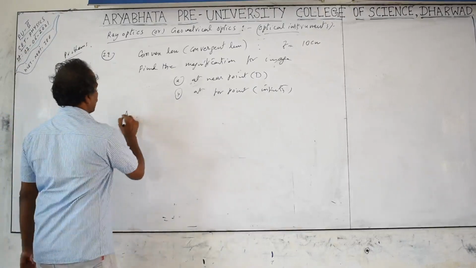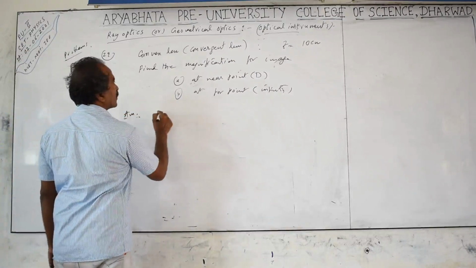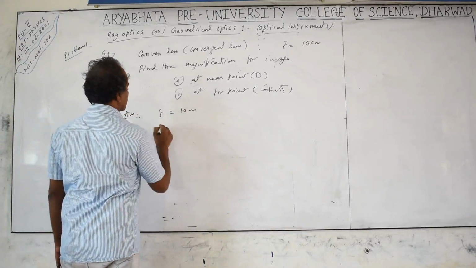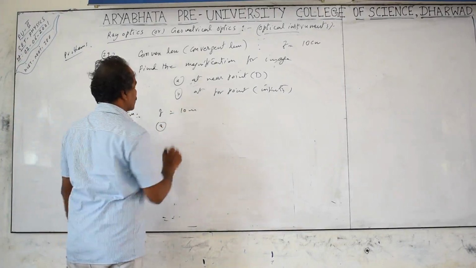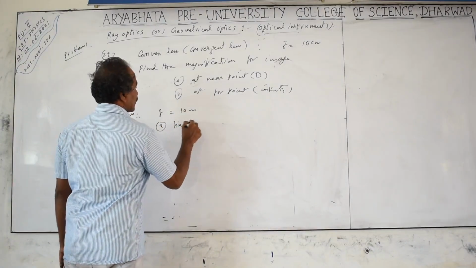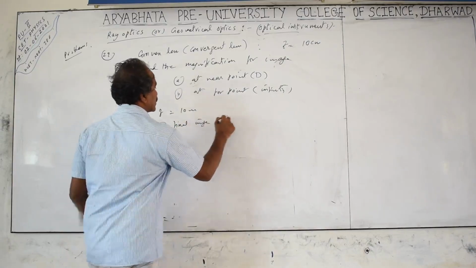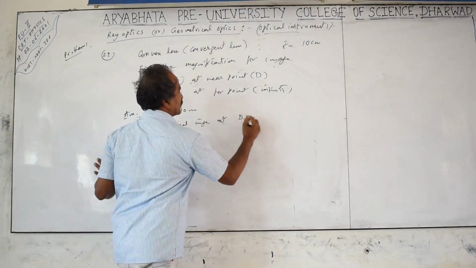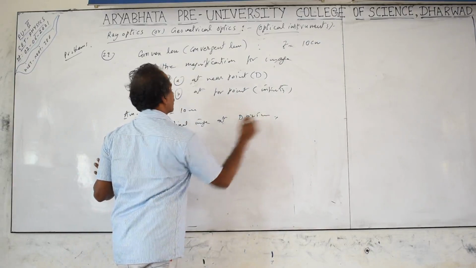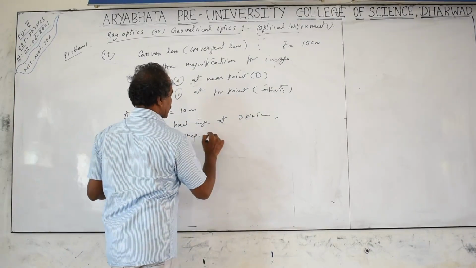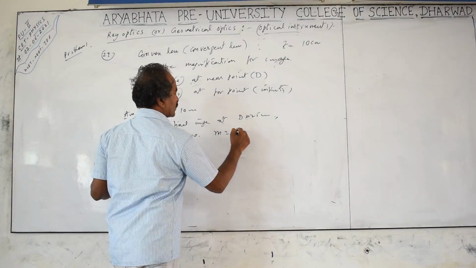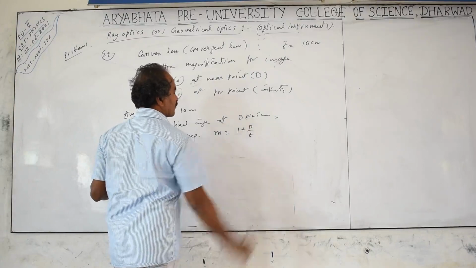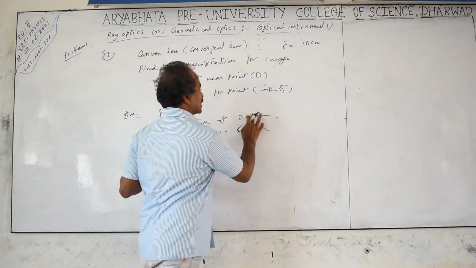Answer: f is equal to 10 centimeters. Final image at the near point, image at D equal to 25 centimeters. Magnification m equal to 1 plus d by f. Don't put the sign convention of minus 25.